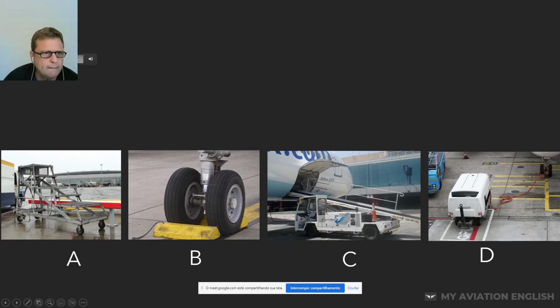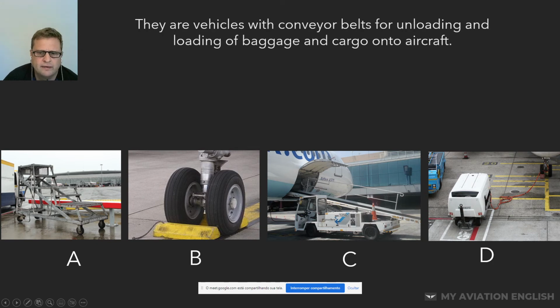Let's go, let's go. They are vehicles with conveyor belts for unloading and loading of baggage and cargo onto aircraft. Letter C, the belt loader. Ok. Can you repeat the sentence? Yes. They are vehicles with the convoy belts for unloading and loading of baggage and cargo onto aircraft.